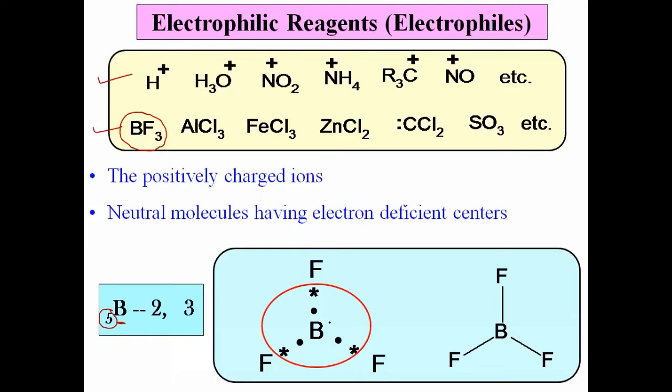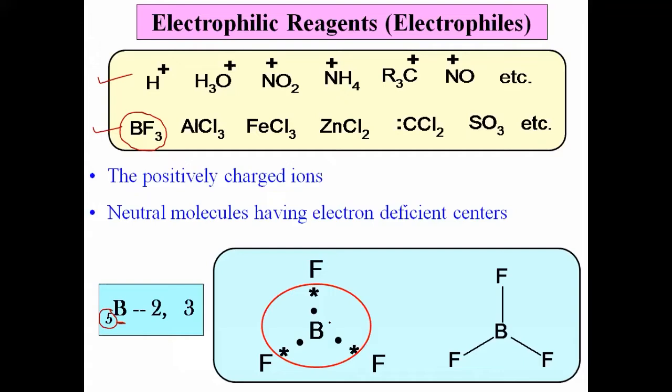We can say that it has 6 electrons in its outermost shell. Means boron still has 2 electrons less to complete its octet. To complete its octet it should have 8 electrons.